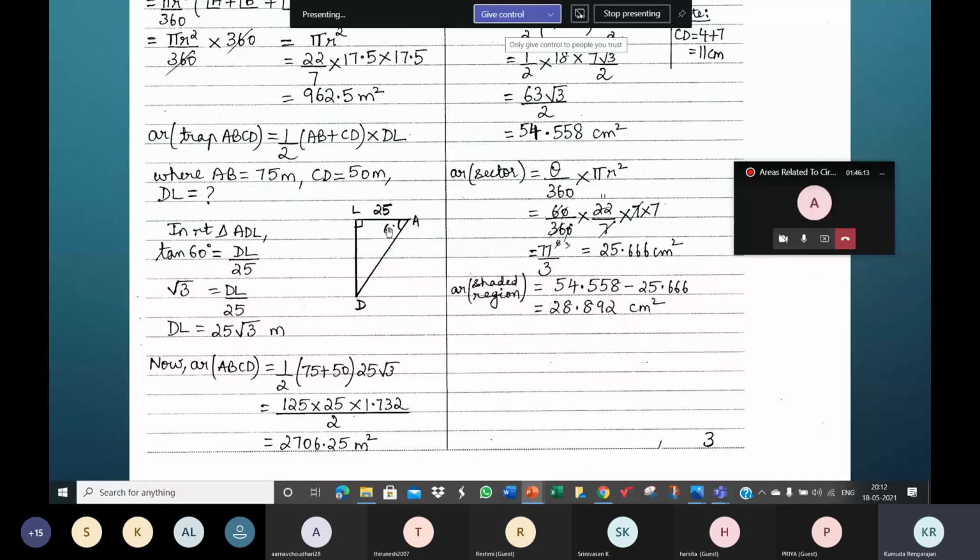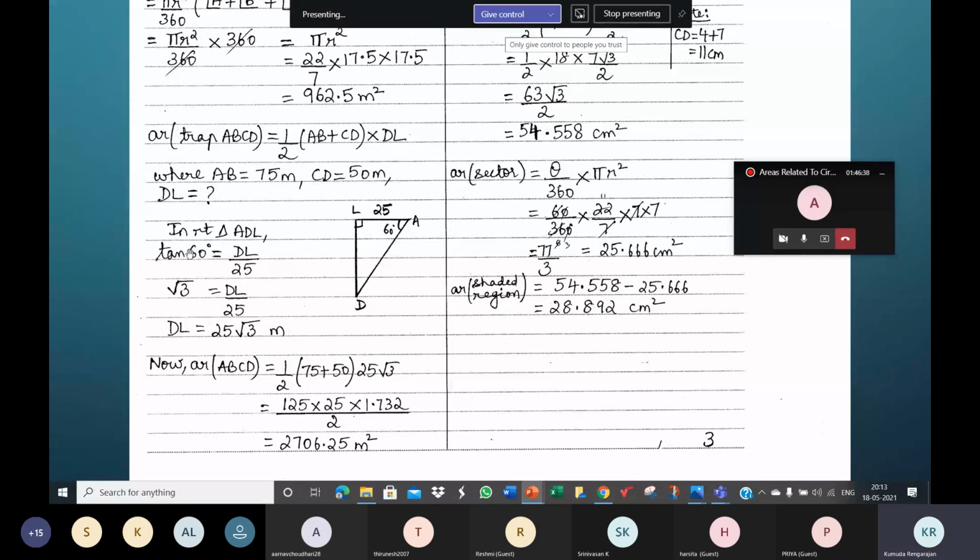If you say cot 60 degrees, it will be adjacent by opposite. You can work both. When you say tan 60 degrees, it is opposite DL by adjacent AL, which is 25. Tan 60 from the table is √3.